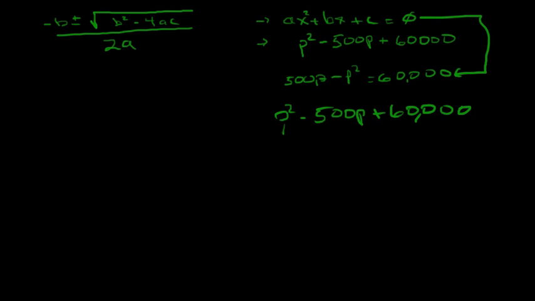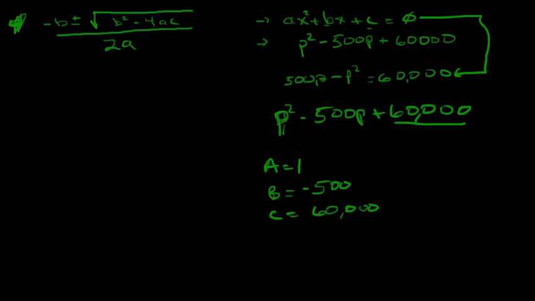And then you needed to remember that the A, B, and C are what we'll plug in over here in this formula. So that tells us that the A is the coefficient on the P squared. So A equals 1. B is the coefficient on the second term, which is negative 500. And C is just the number, 60,000. So now you have to plug that in.